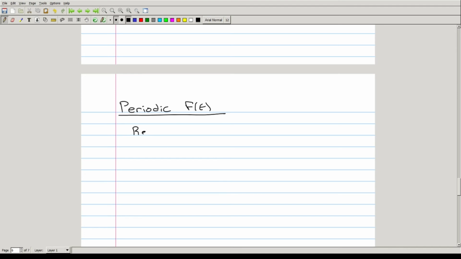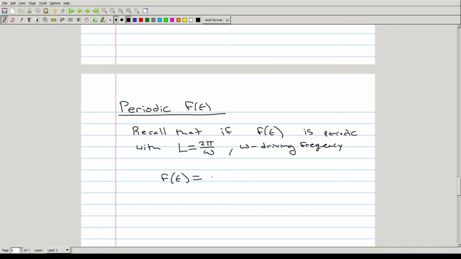So recall that if the input f of t is periodic, with period L equal to 2 pi over omega, where omega is the driving frequency of the input, it can be represented as a Fourier series expansion, the sum from negative infinity to infinity.